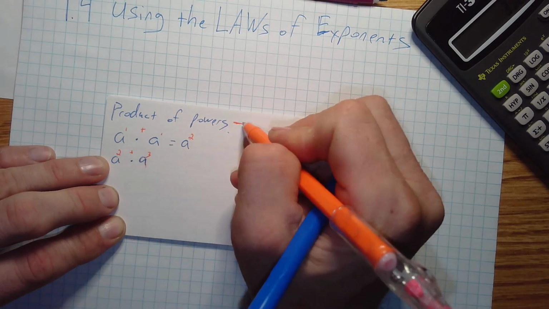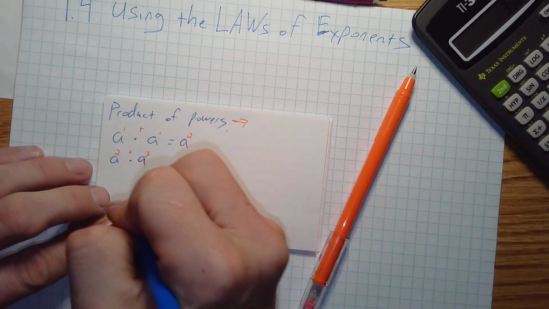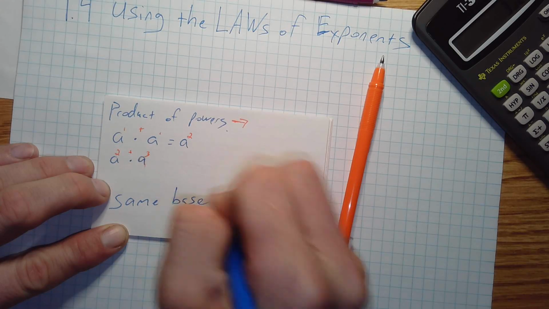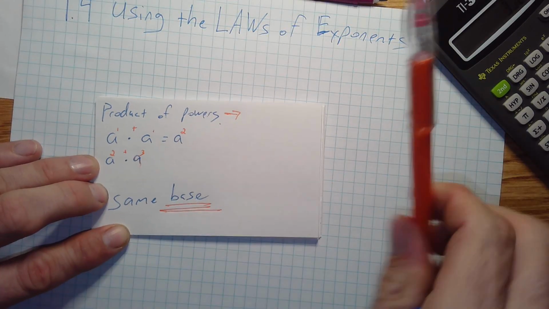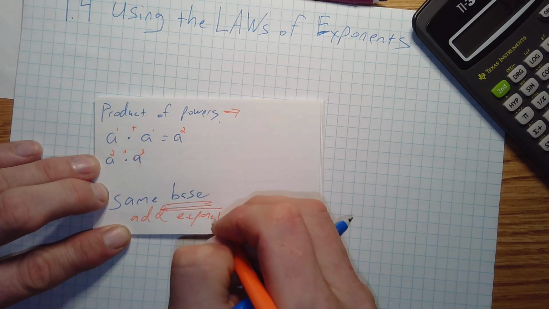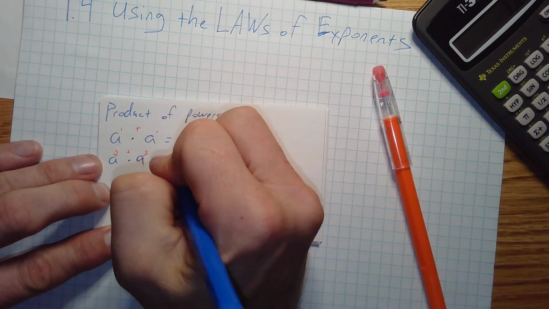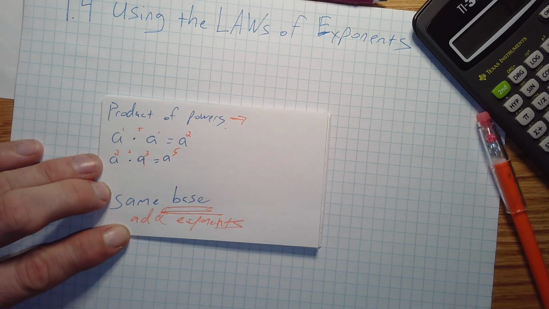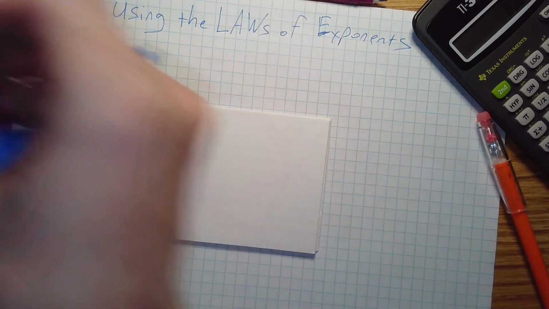Product of powers, when you're multiplying something with the same base, you add exponents. You guys remember that? All right, this is going to equal A to the 5th. Add the exponents. Product of powers.